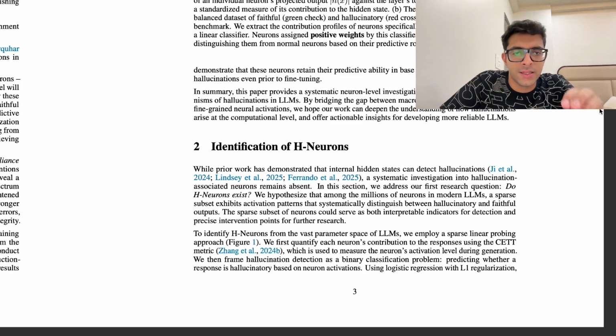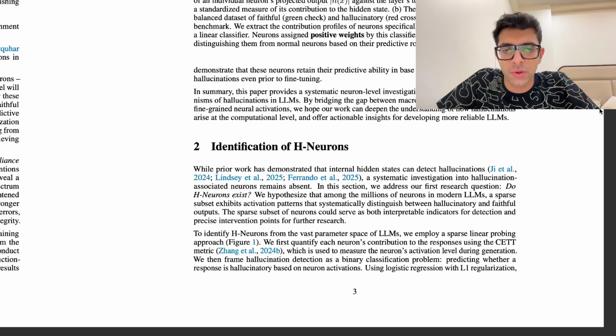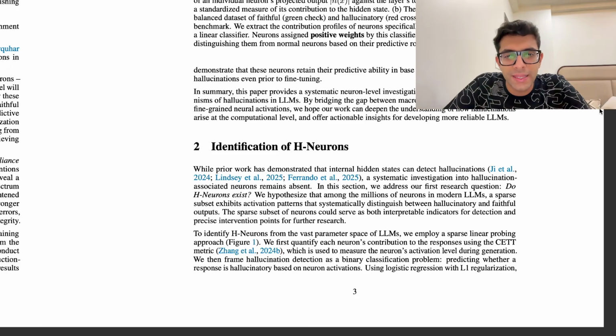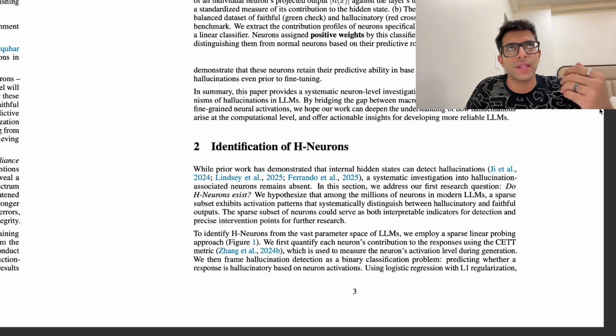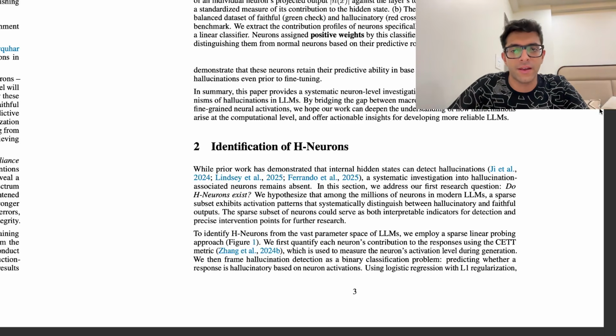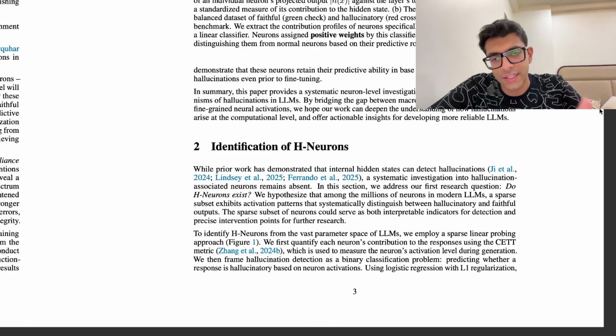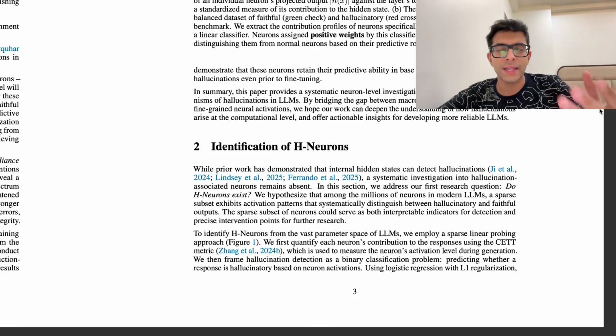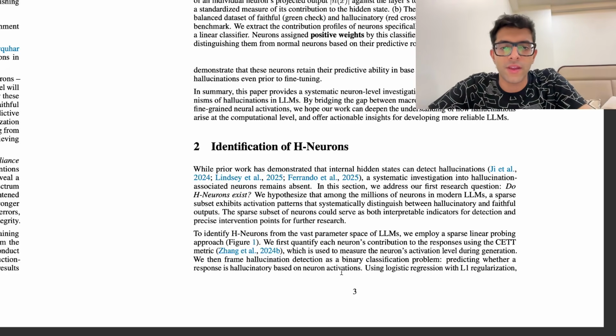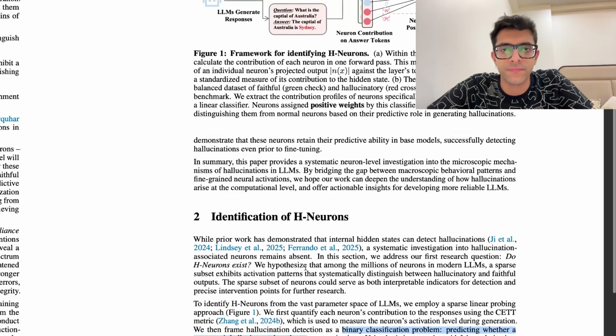The simplest way that they do so is to train a binary classification classifier, a linear classifier, which is sparse in nature, and treat each neuron as a binary classification problem where we have to give a label of whether that response is hallucinatory or not on the basis of the neuron activations.